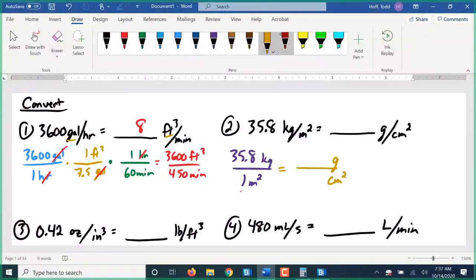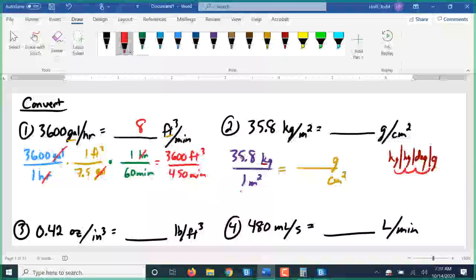So look at the kilograms, going from kilograms to grams is 3 spots to the right on our chart. So I'm going to move my decimal point 3 spots to the right, adding zeros as needed. That's 35,800 grams.